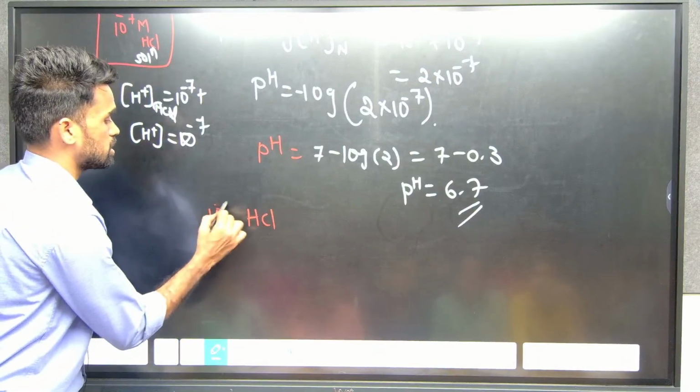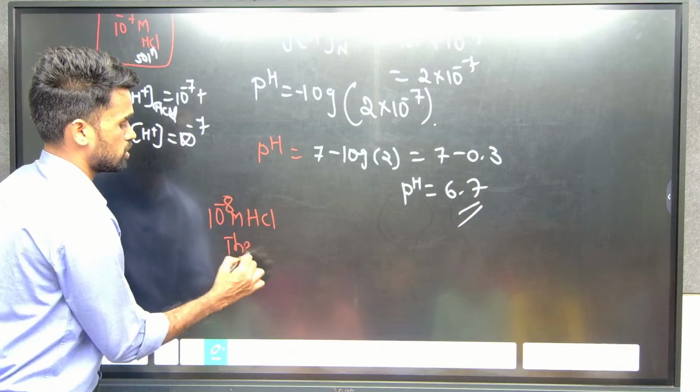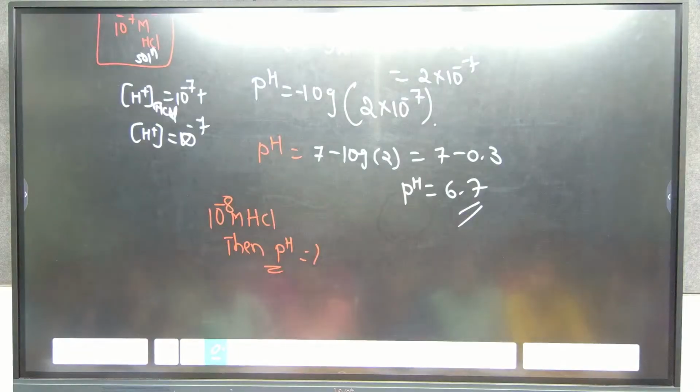HCl concentration is 10 power minus 8 molar. Then find its pH. Do it fast in a rough book. Okay, done?